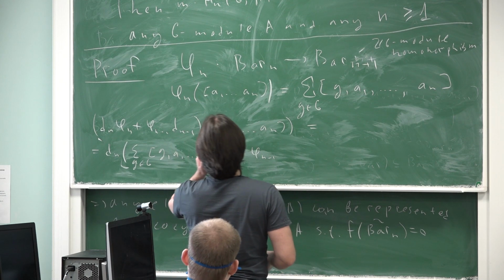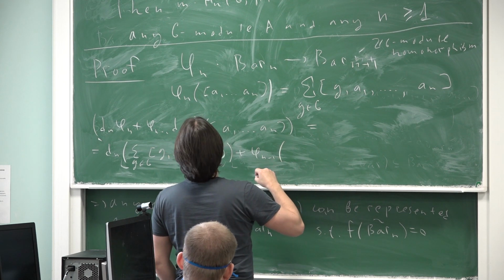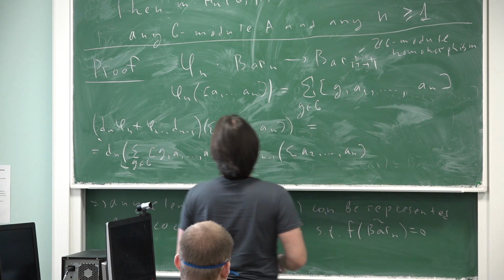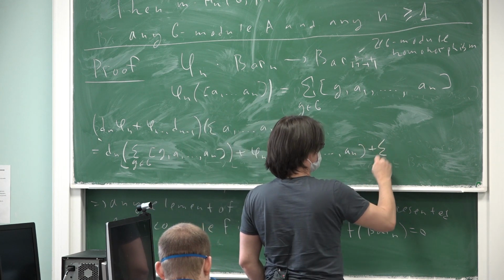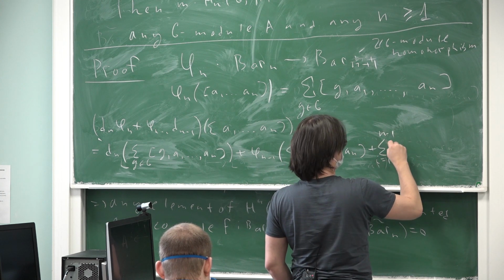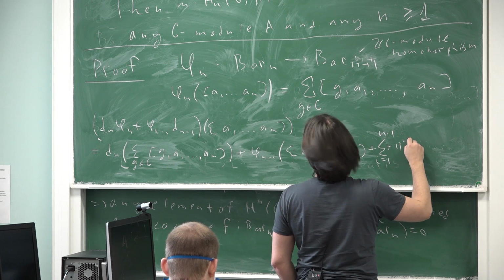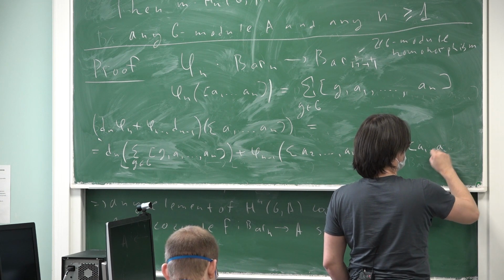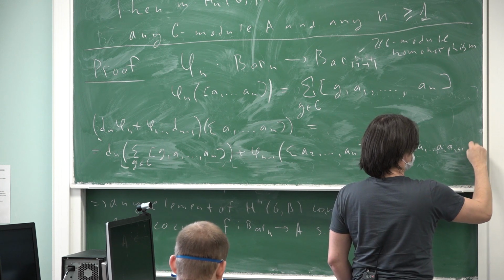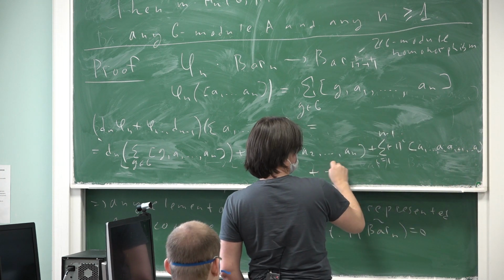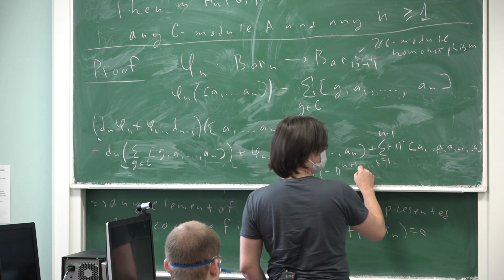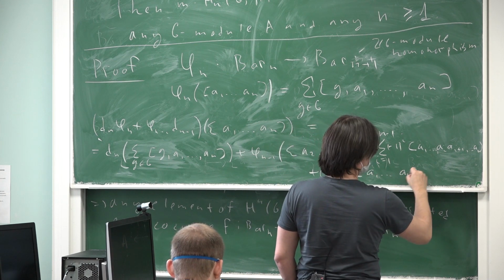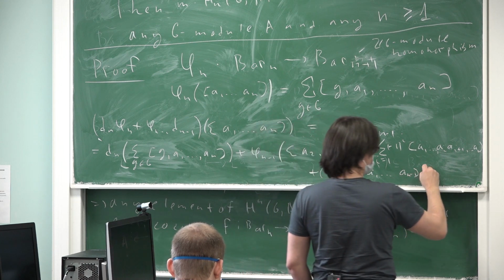Now we apply dn minus 1, so it is some sum of a2, so on, an, plus the sum for i from 1 to n minus 1 of minus 1 to the power i times a1, so on, ai times ai plus 1, so on, an, and plus minus 1 to the power n times a1, so on, an minus 1.